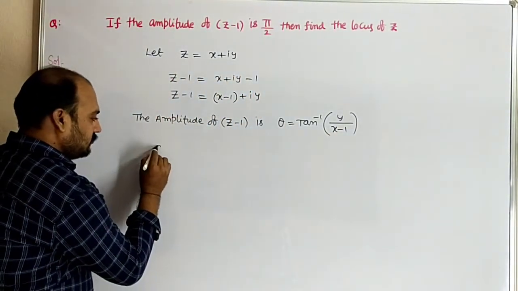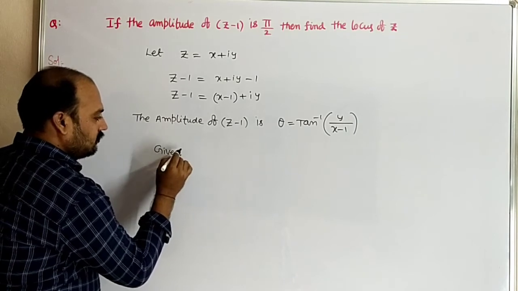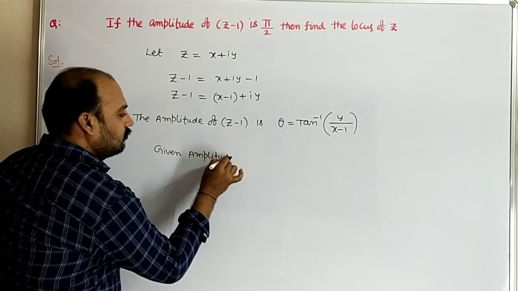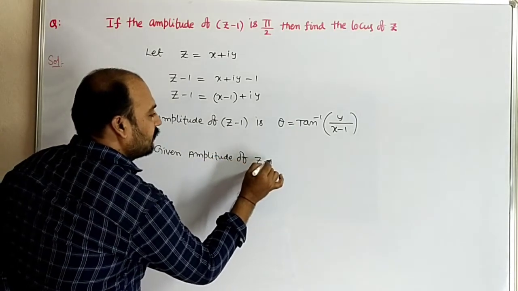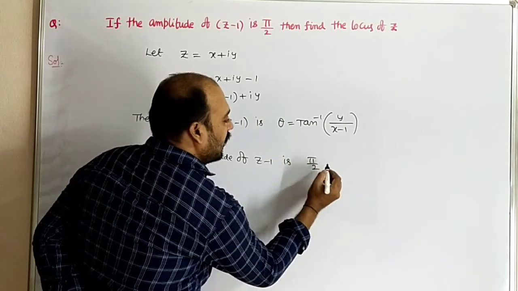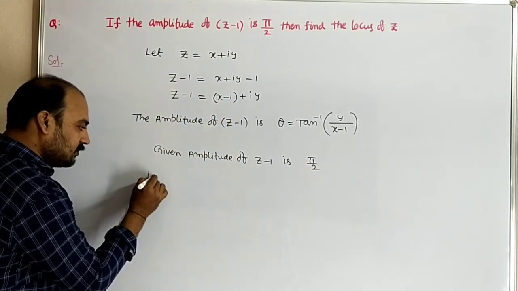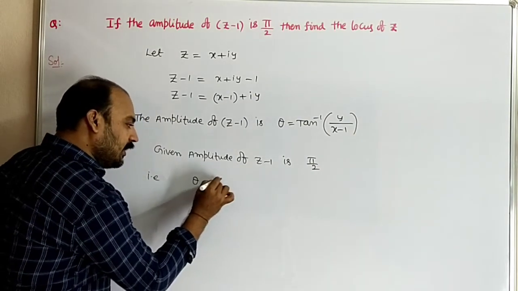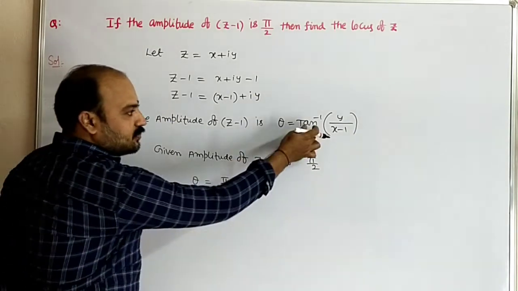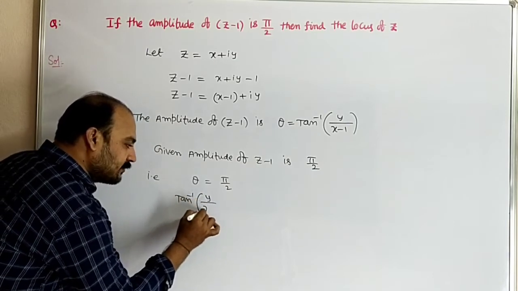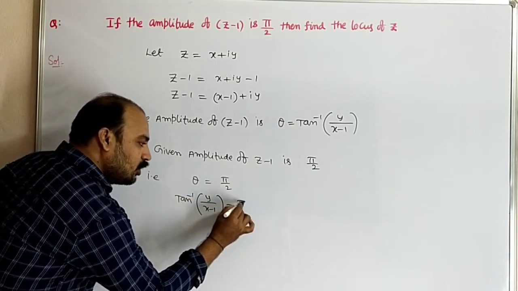Given that the amplitude of z minus 1 is pi by 2, theta equals pi by 2. Substitute the theta value here: tan inverse of y by x minus 1 is equal to pi by 2.